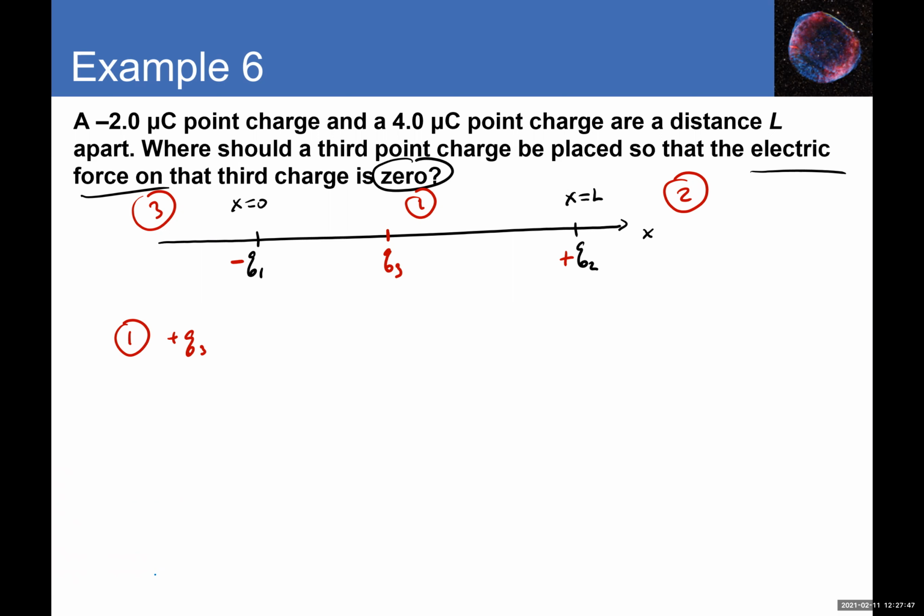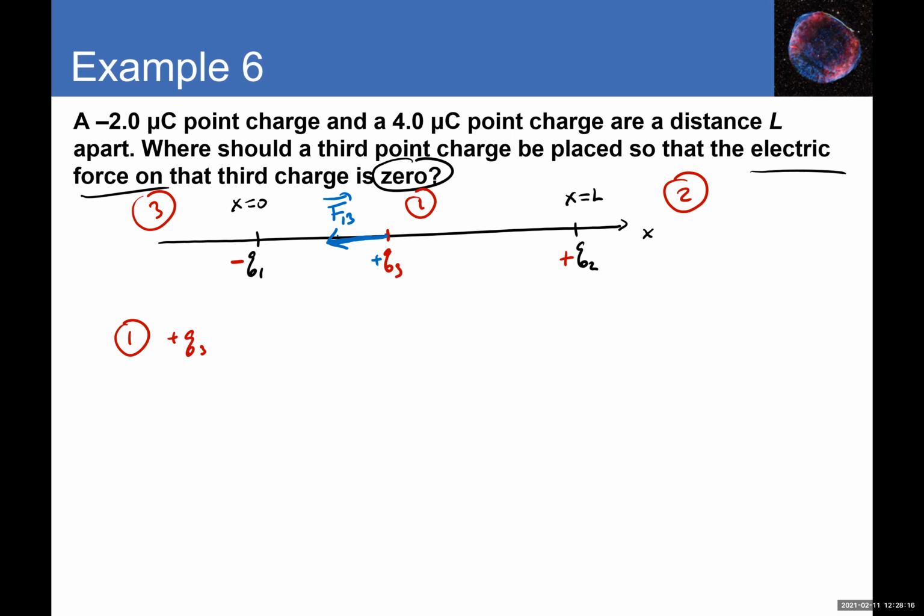Q1 is going to attract, that means Q3 is going to be attracted. So here's F1 on 3, toward 1. Then Q2 and Q3 also give us a force, but this time it's a repulsive force because Q3 is positive and Q2 is positive, so Q2 is going to push Q3 away from it.